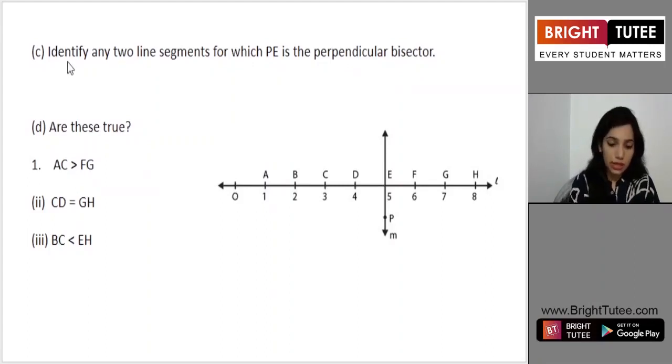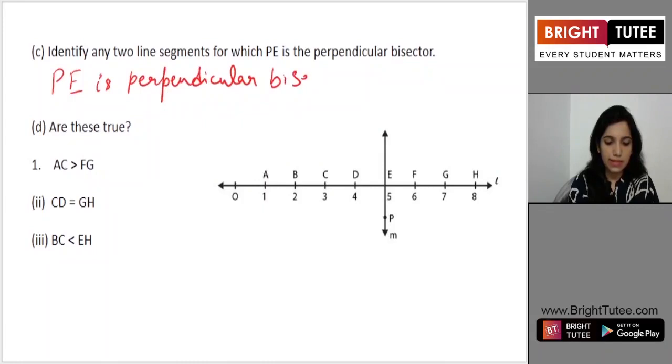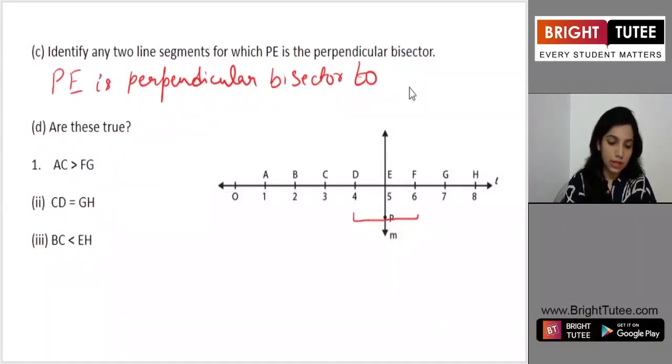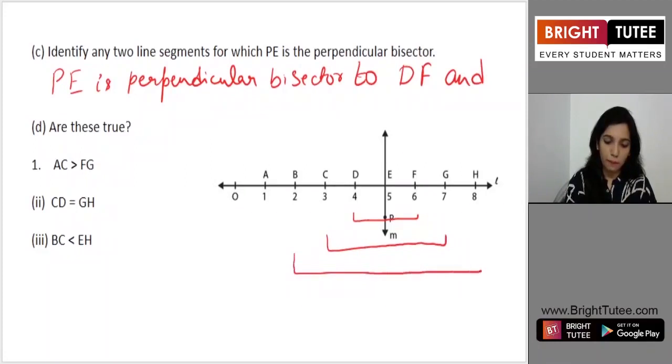So we can also see that PE is perpendicular bisector to, look at here, DF, 1 and 1 on both the sides of EP, right? So here this is PE is perpendicular bisector to DF, and let's say, because we have already talked about CG, so this time let's write for BH.